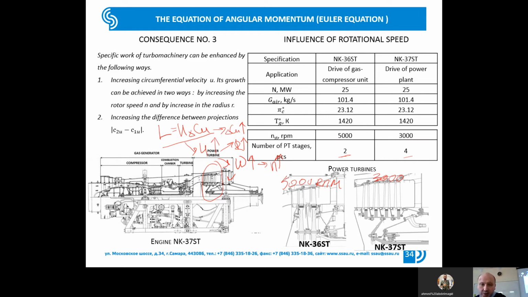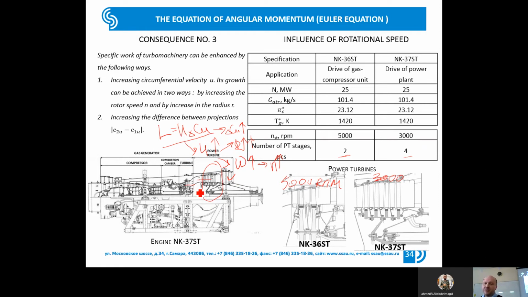And you see that in reality the rotational speed of the free turbine is rather low. For example, as far as I remember, the rotational speed of the high pressure cascade is approximately 15,000 rotations per minute. And you see that we have a big difference between the diameter of the gas generator and the free turbine. Why? Because if we increase the radius, we increase specific work.